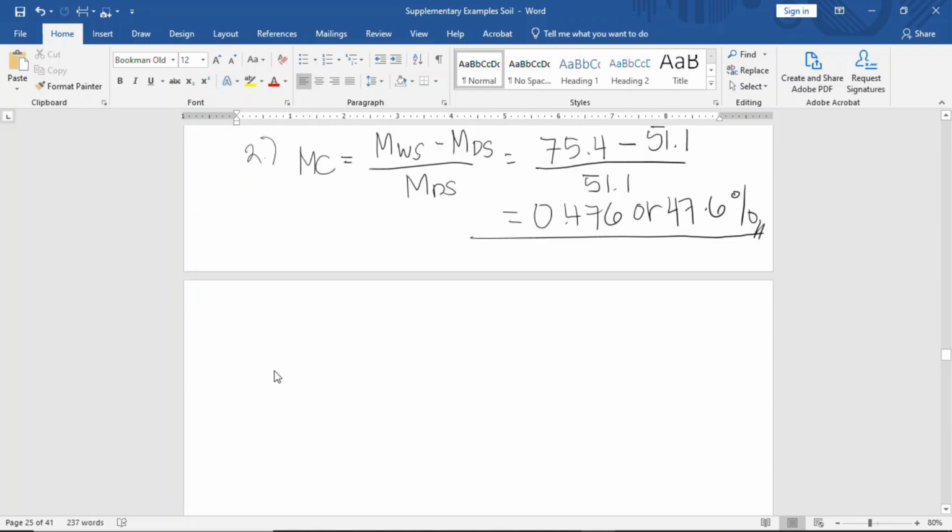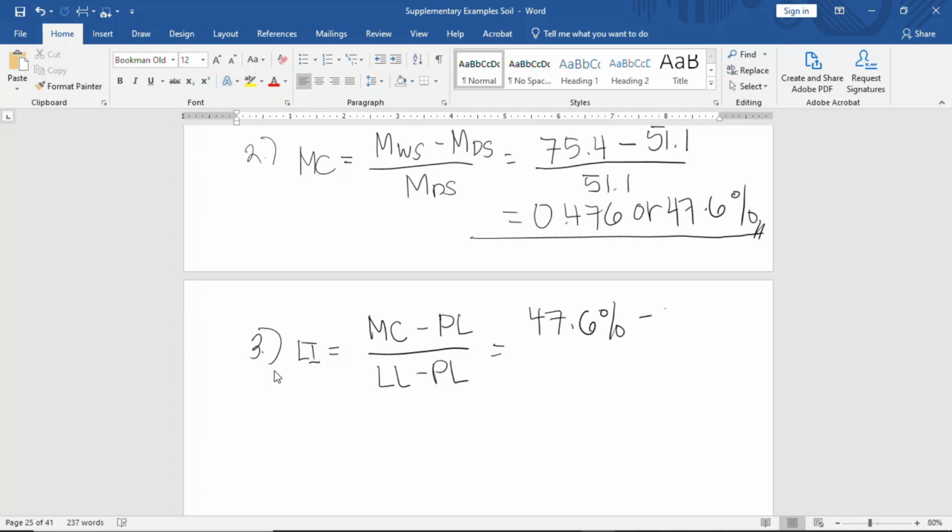So, ano bang formula natin para sa liquidity index? So, liquidity index is equal to moisture content minus plastic limit all over LL minus PL, or LL minus PL is equal to PI. So, moisture content natin is 47.6% minus ang PL natin, plastic limit natin is 30.